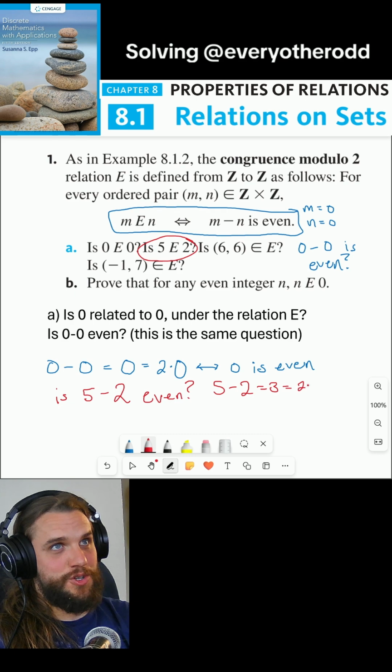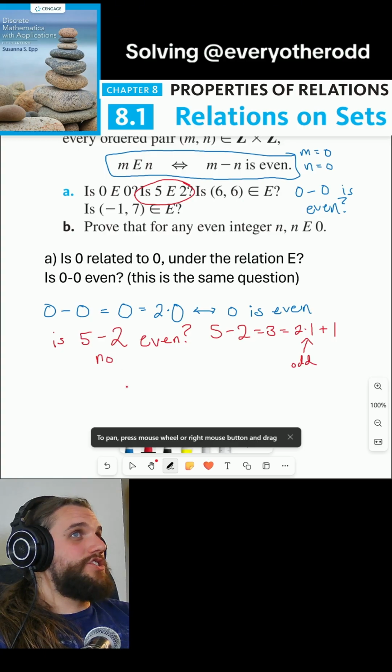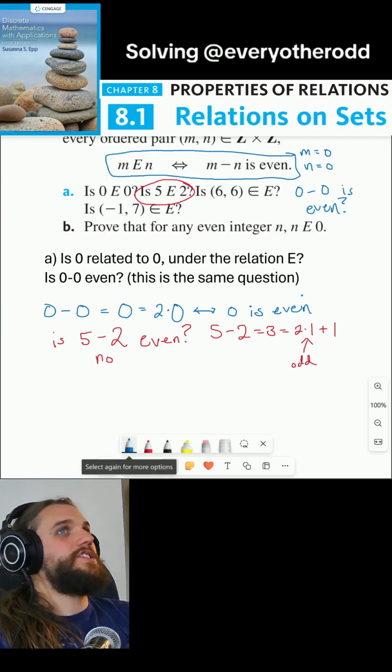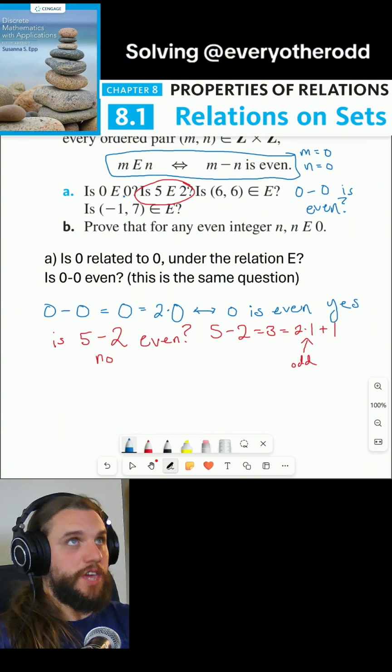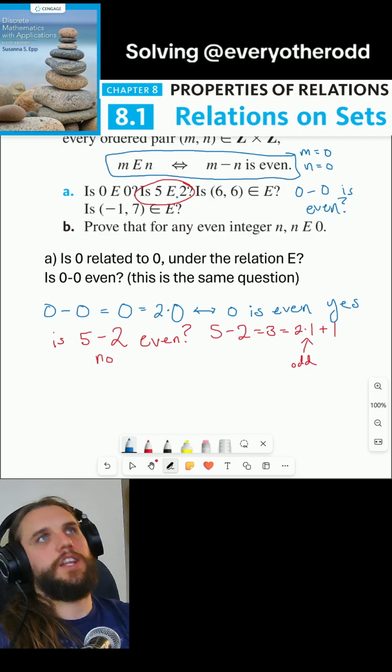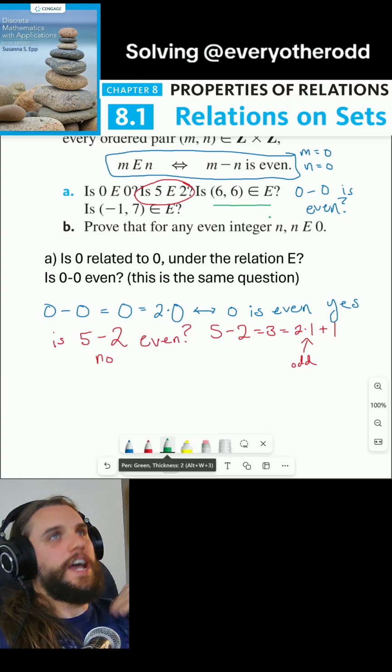This is 2 times 1 plus 1. So that's an odd number. So that means the answer to this question is no. Whereas the answer to the question in the beginning of part A was yes. So 0 is related to 0. Yes, that's true. 5 is related to 2. No, that's not true. And now let's move on to the next part of this question.